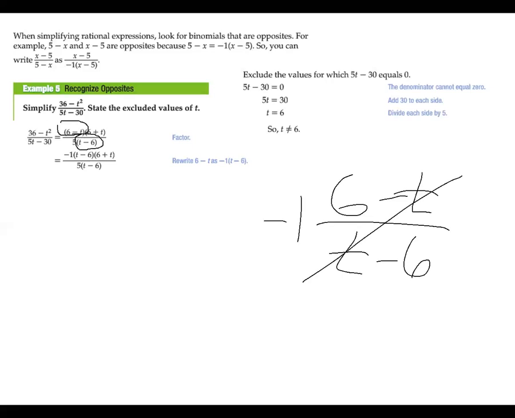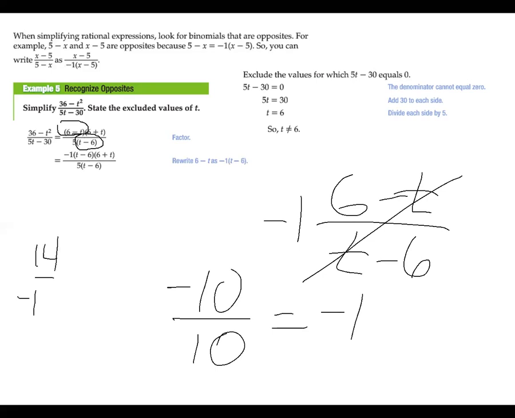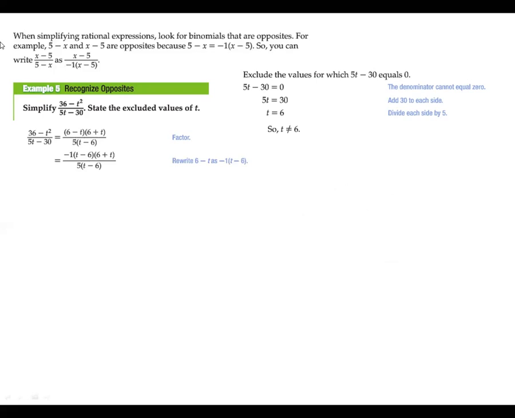Okay, so just think about it. If I had -10 divided by its opposite, 10, that would be -1. If I had 14 divided by -14, those simplify to -1. Okay, so these opposites are going to cancel to -1. So you have a -1 there, and then you just have 6 plus t over 5.